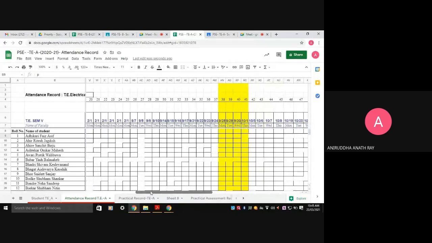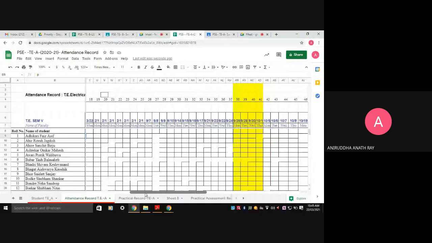Third year A, roll number 1 to 10. Roll number 3, 6, 10, 9, 7, 8.